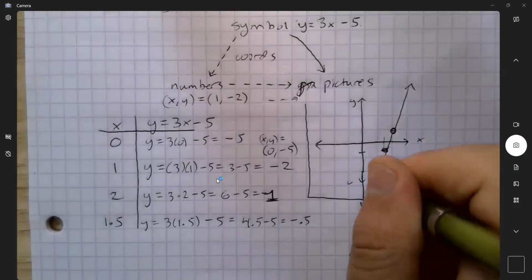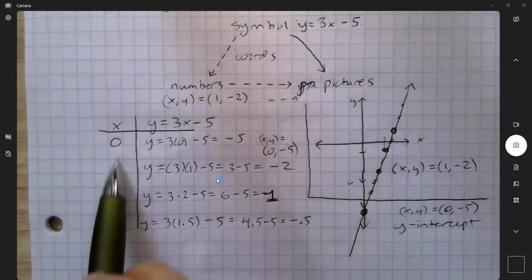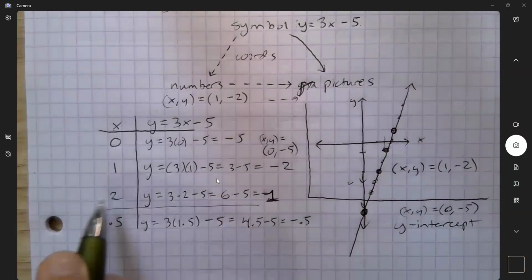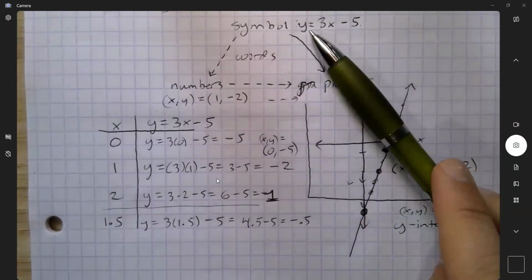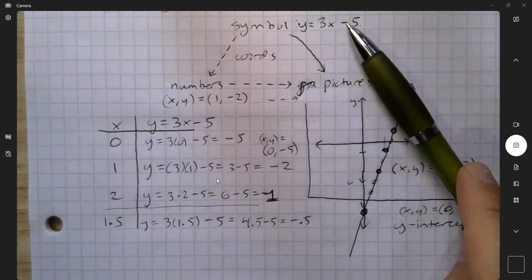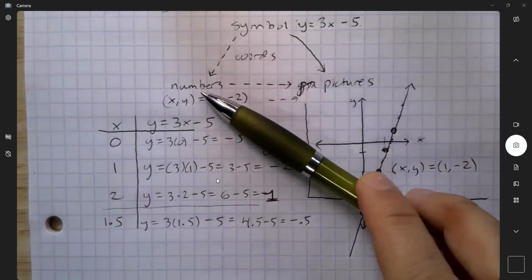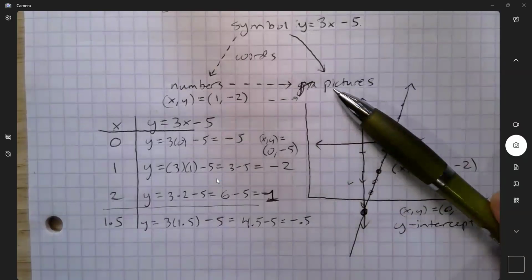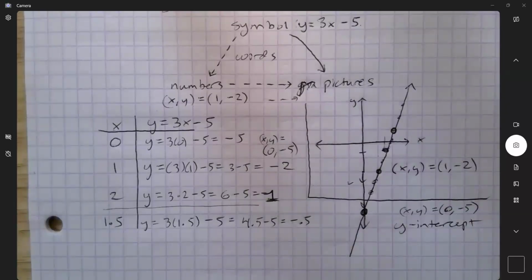Right, so we could fill in our line with lots more points, but usually a couple is enough to get the idea. We had to graph. We went from the symbols to the pictures, but we did it by developing a table using our numbers representation, so we could use that Cartesian coordinates plotting ability that you've been working on in the previous section.